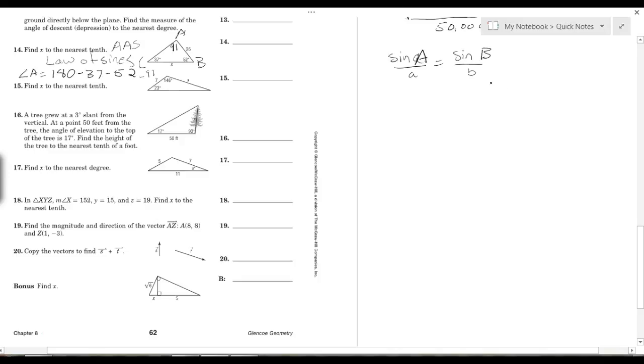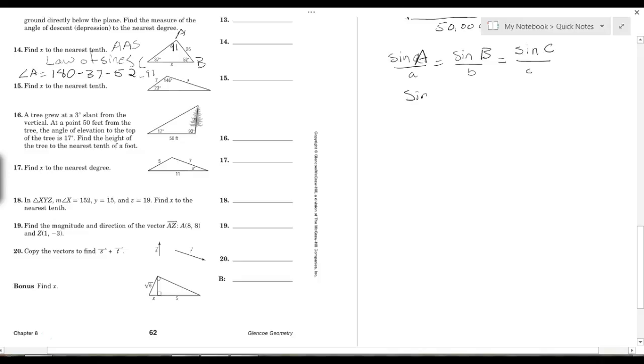So now I'm going to go ahead back here. I'll finish my formula because the way that I labeled my triangle, I also need C. So now I have angle A, I'm looking for side A, and I have angle C, and I'm looking for side C. So I'm just going to go ahead and write those in.